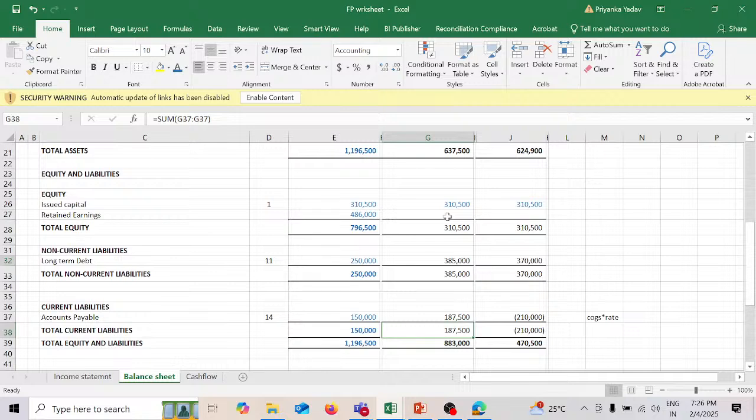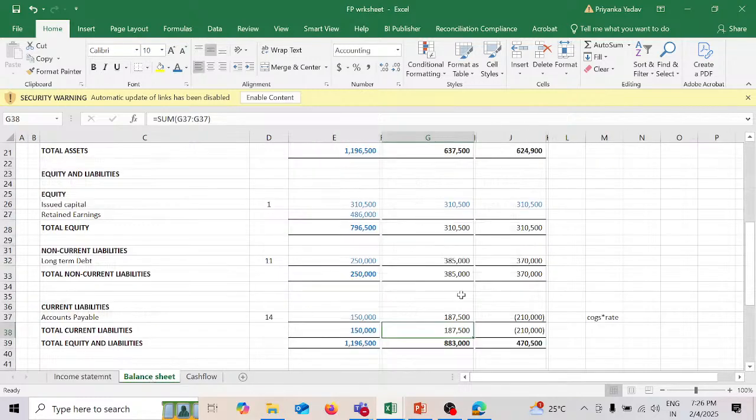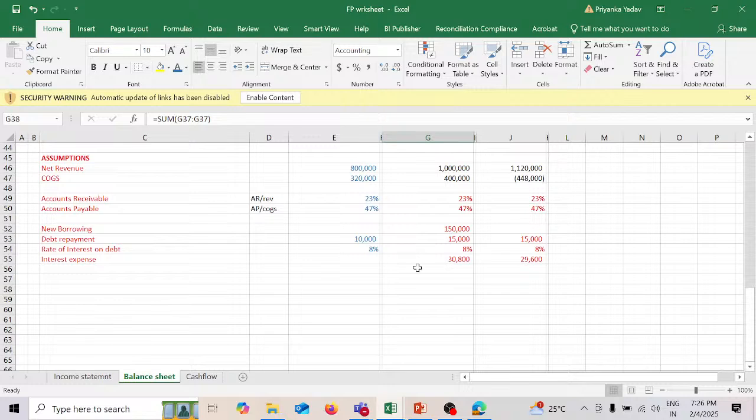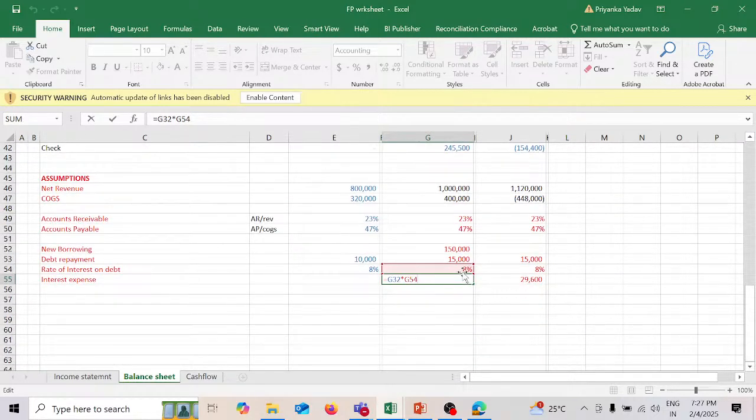First we have to find the retained earnings. Still in this income statement we are left with the interest amount. This is the interest on loan. So if you see over here in the balance sheet assumptions, the interest amount is calculated on the basis of your debt and the rate percentage.